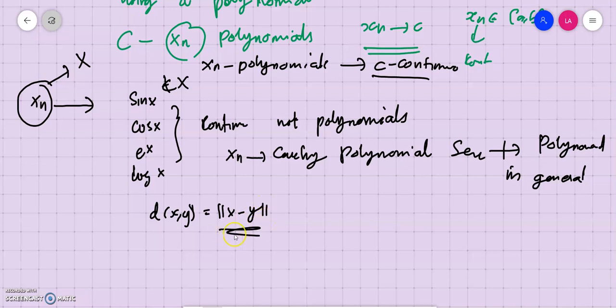So every norm induces a metric. Our properties of completeness in the case of a norm should be similar to the properties of completeness with respect to the corresponding metric. That's why we proved the completeness or incompleteness of the normed space with respect to the completeness and incompleteness of the metric. I hope you understood.